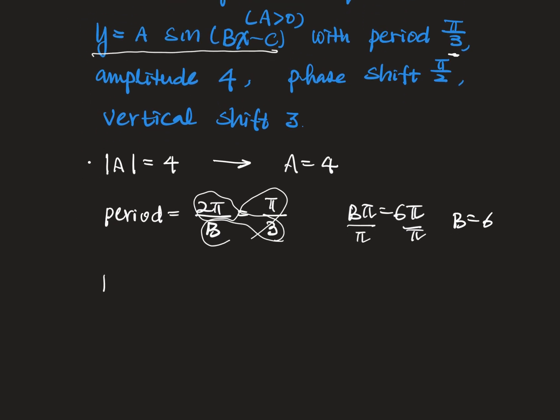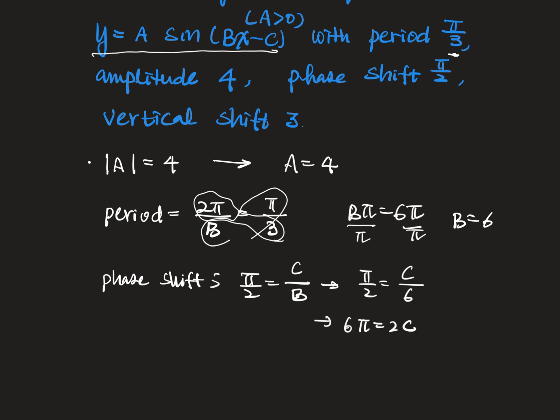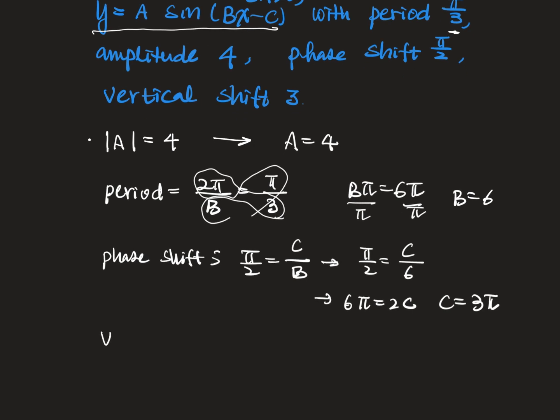Let's go to the phase shift. It's going to be pi over 2. That's C over B. So you say here B is 6. Pi over 2 equals C over 6. Cross multiply: 6 pi equals 2C, so C equals 3 pi. The last one is the vertical shift.